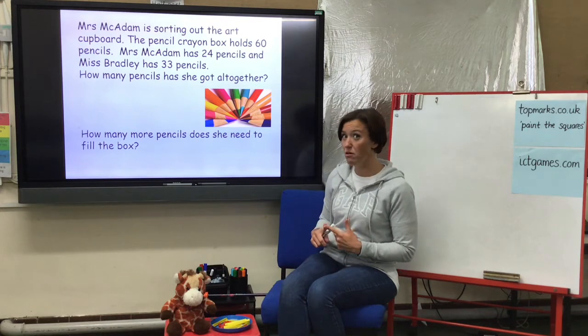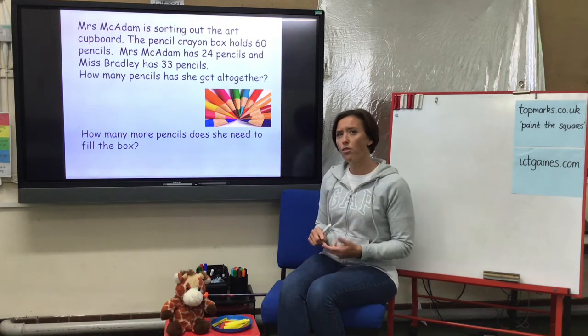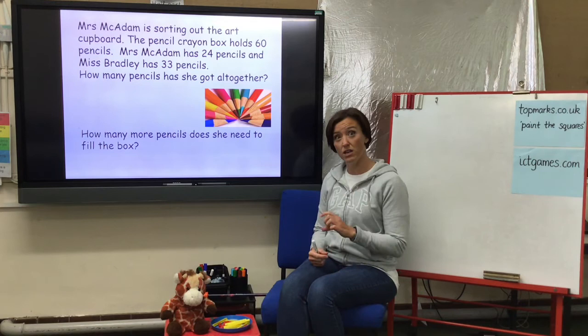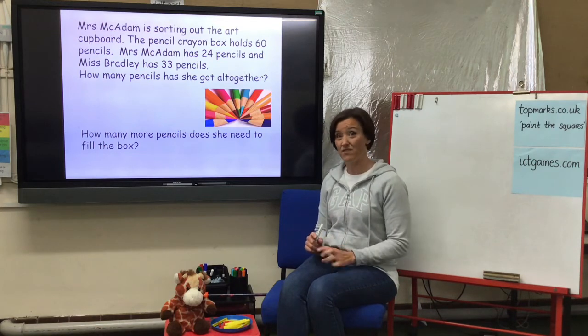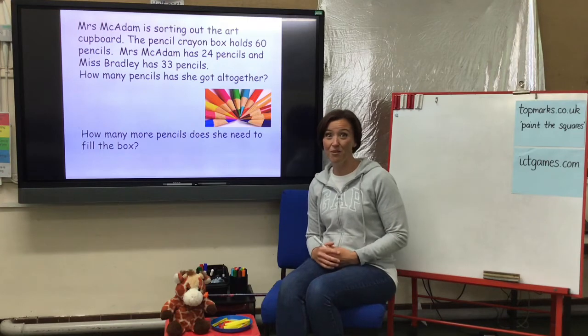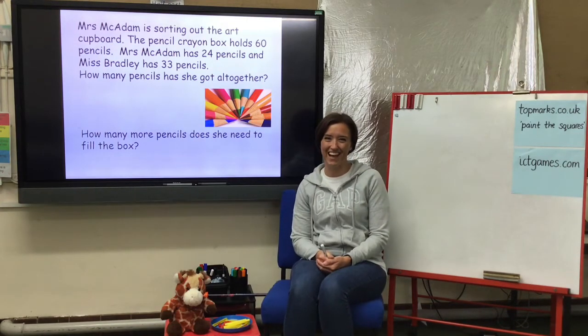Is it addition? Just double check that. And also, is there more than one step to the problem? Okay, so once you've done the first calculation, is that the end of it? Is that the final answer? Okay, have a go at that. Pause the video, get your pencil and paper out, and then press play again when you're ready to do the answer.